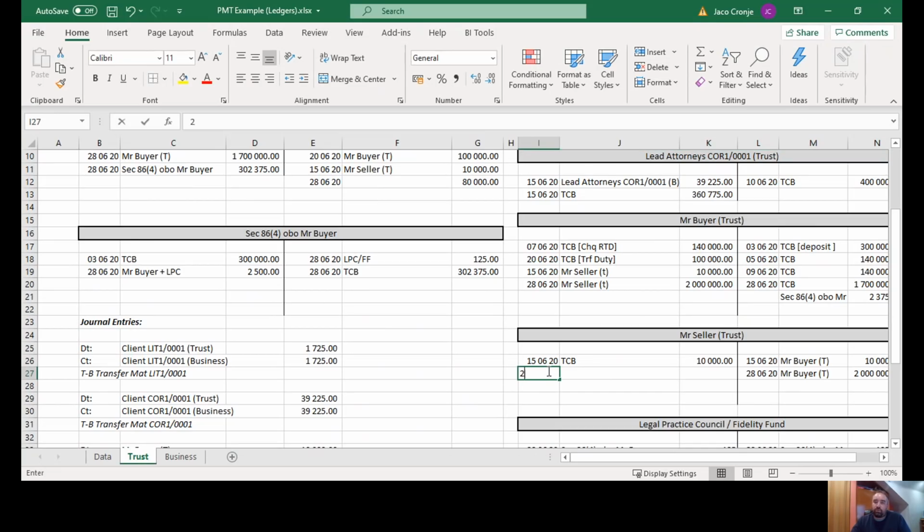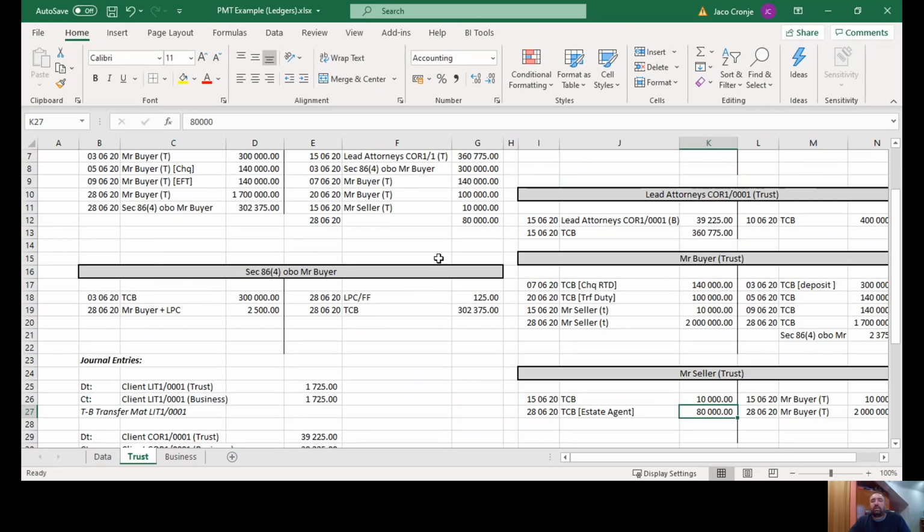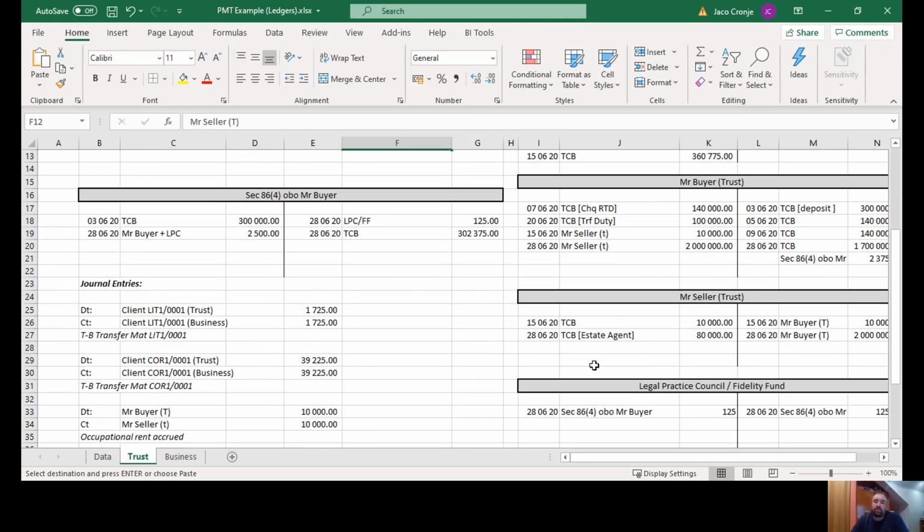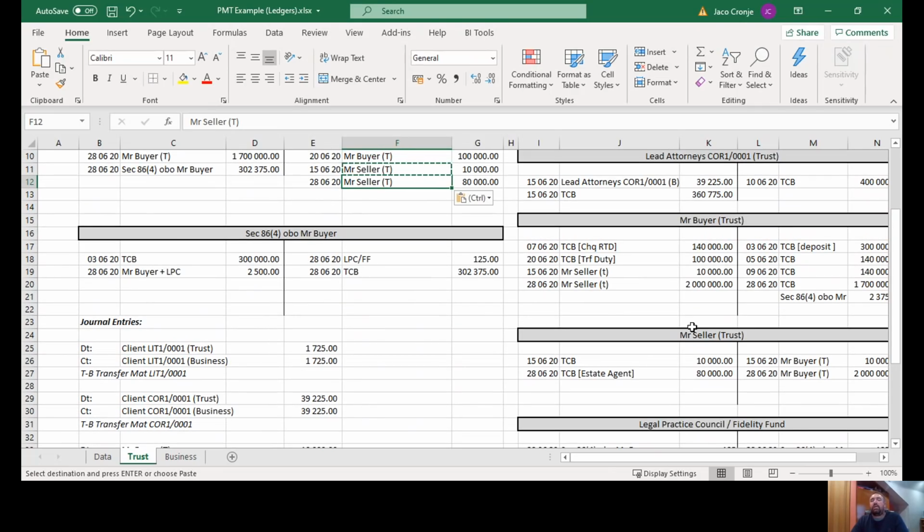So we need to show in the seller's trust ledger that we are paying out the estate agent 80,000 Rand. So basically, of the 2 million Rand that he now has in the trust, 80,000 Rand is going to the estate agent. In this case, we're going to say the contra account for that was Mr. Seller. So don't open up an account for the estate agent and this and that.